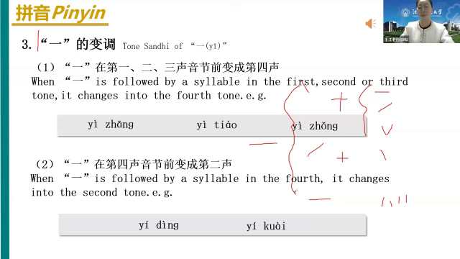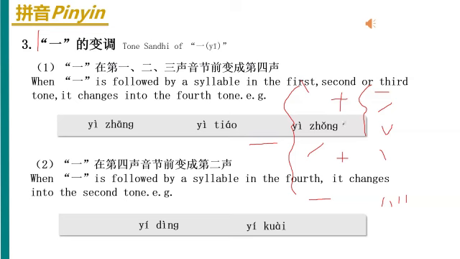Okay, so let's just read these phrases. I will ask one of the students to read after me. Please read after me. 一张, 一条, 一种.